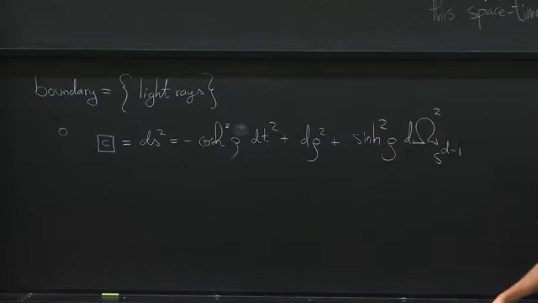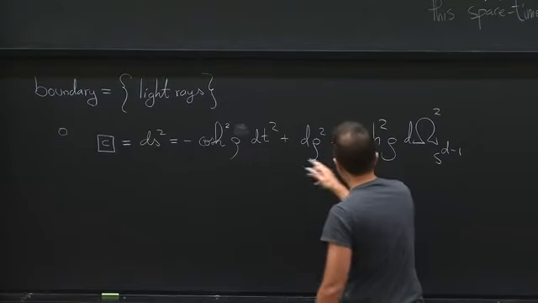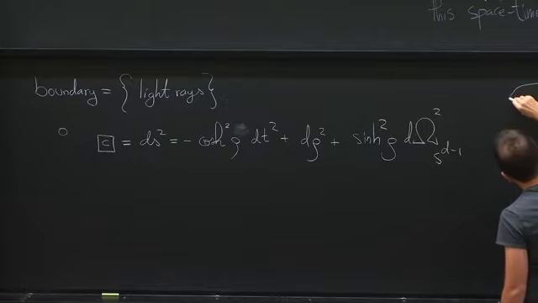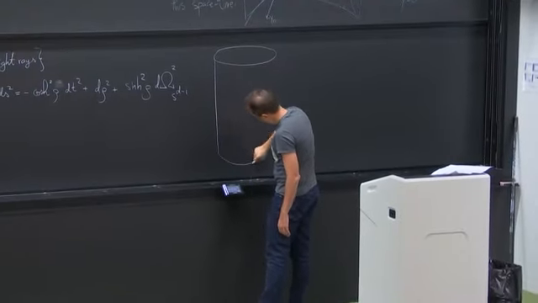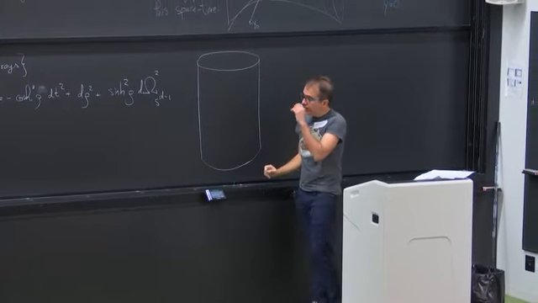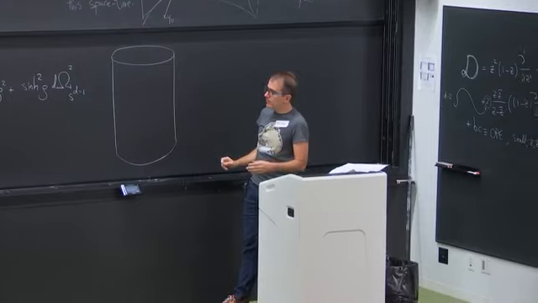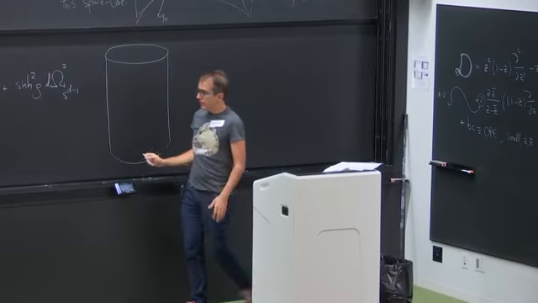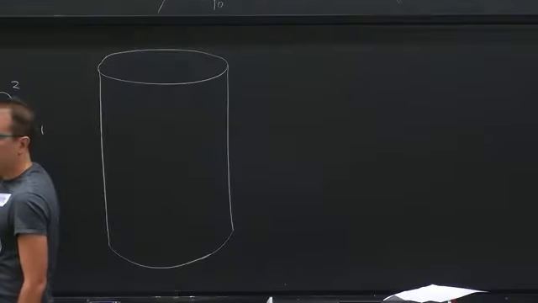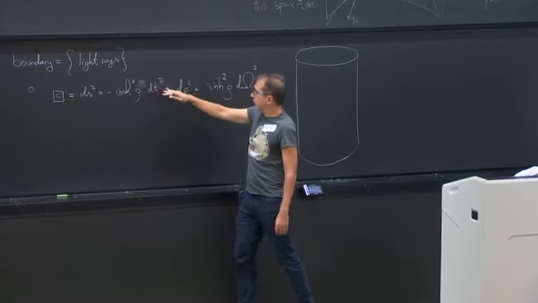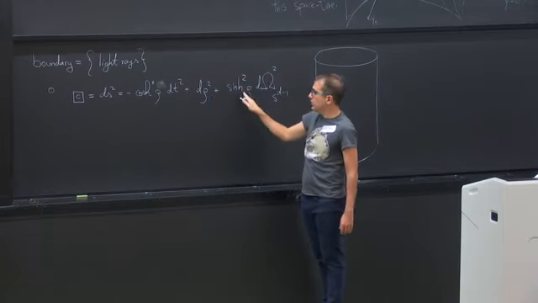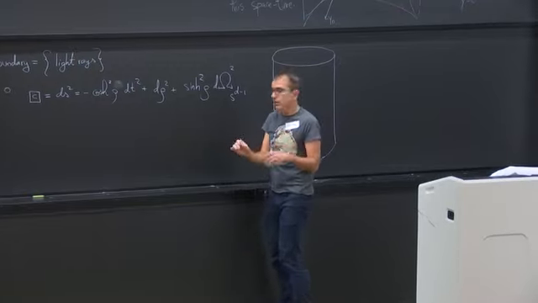Okay. So let's draw how we should think of this spacetime. The way we think about this spacetime is as a very big cylinder. You see that at each fixed rho, if I fix rho, we get a cylinder, right? If you fix rho, d rho is 0. This is a number, this is a number. And we get dt squared times a number, you don't care, right? You get time and the sphere. So for each fixed rho, it's a cylinder, right?